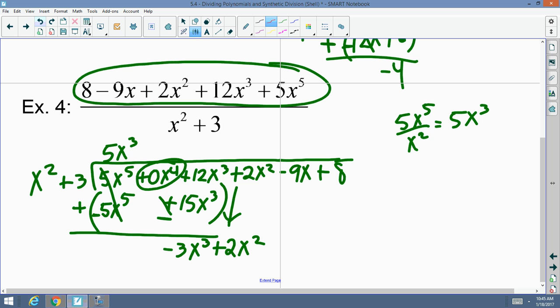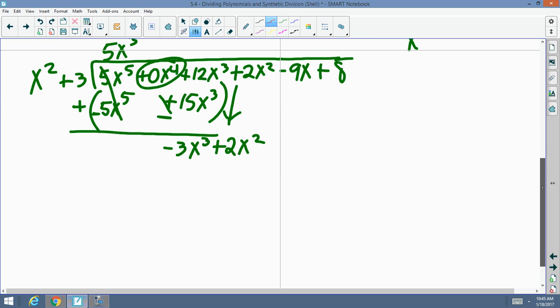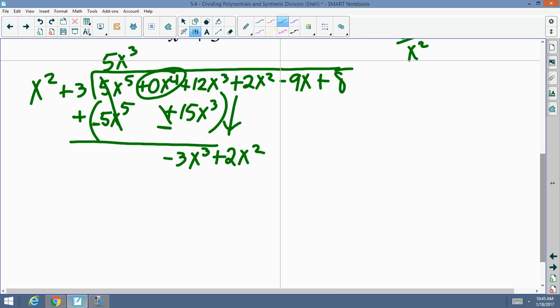Okay, so how many times does x squared go into negative 3x cubed? Yeah, negative 3x. Remember, guys, I hear a lot of silence when I'm asking these questions. Do the math.